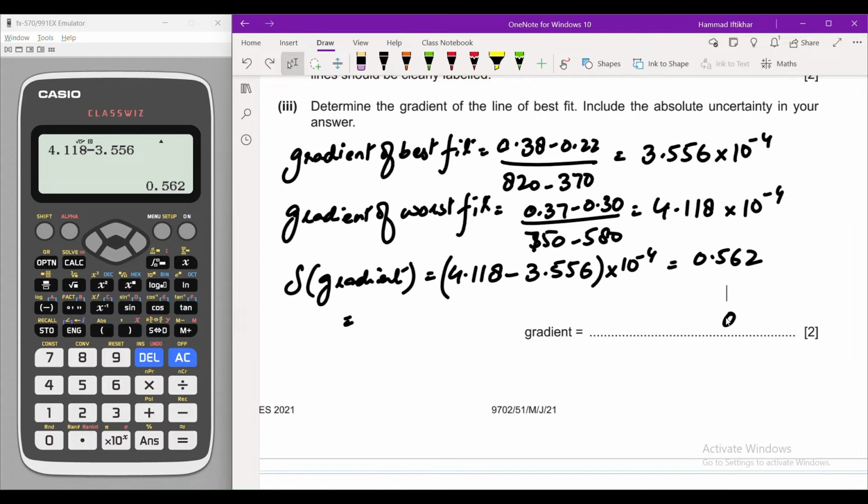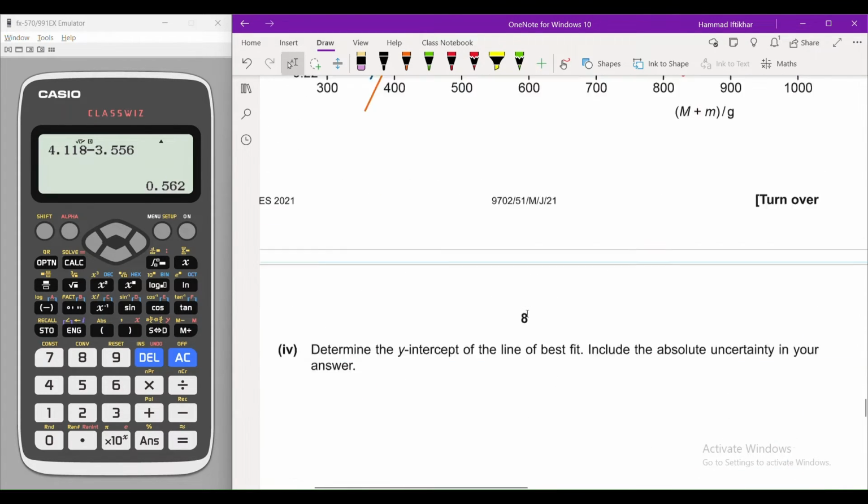Wait, sorry, 0.6. And this is going to be just 3.6 plus minus 0.6, both of them times 10 raised to power minus 4. So one significant figure over here and one decimal place that corresponds to that, right? Right, okay. Now we move on.